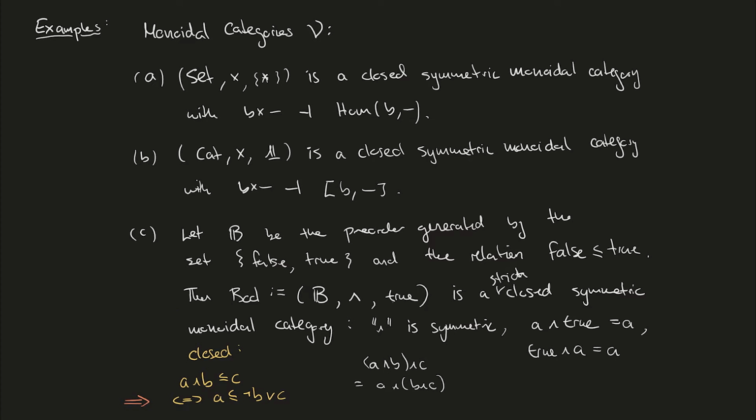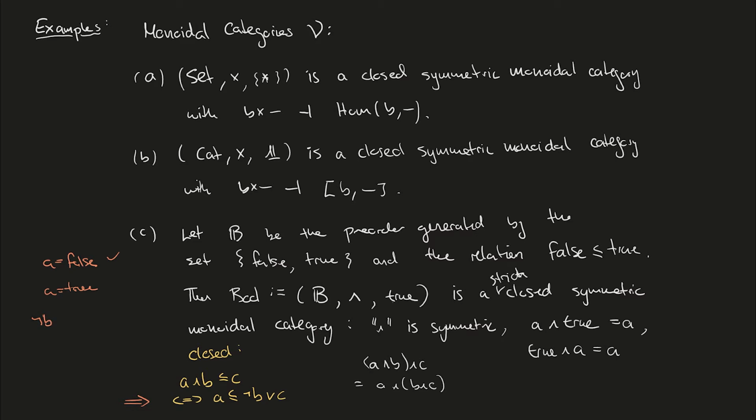Conversely, suppose that the expression on the right holds. Now A could be false, in which case we don't know anything about the right-hand side, but in that case A and B is false, so it's certainly going to be less than or equal to C. So in this case we're good, and if A is true, then we know that not B or C has to be true, because not B or C is greater than A. If not B or C is true, then we have two options.